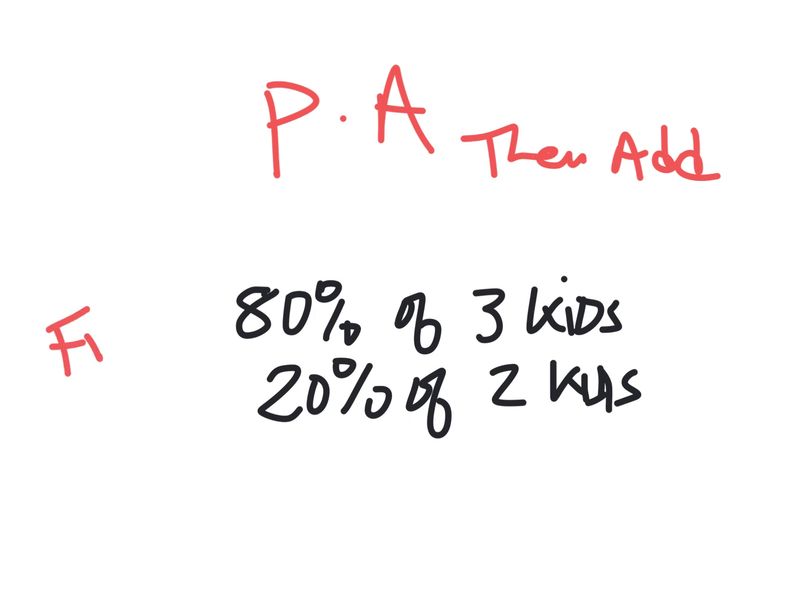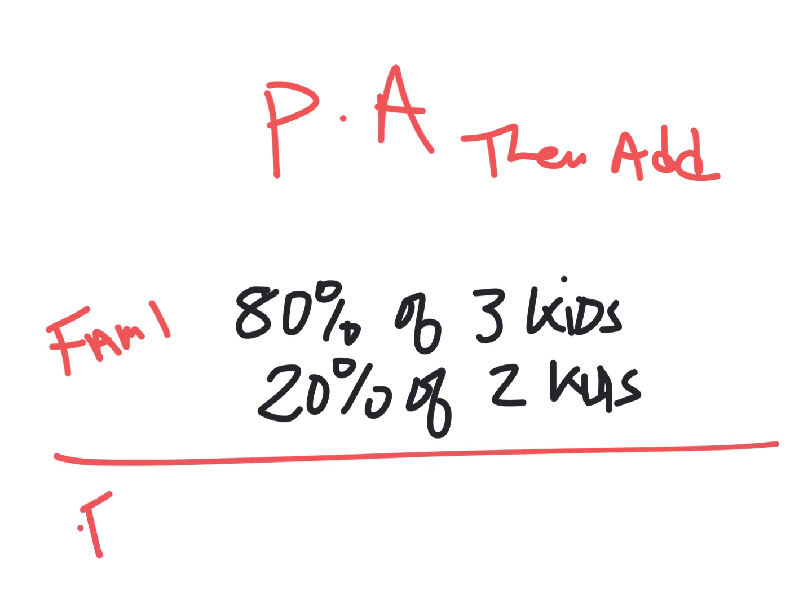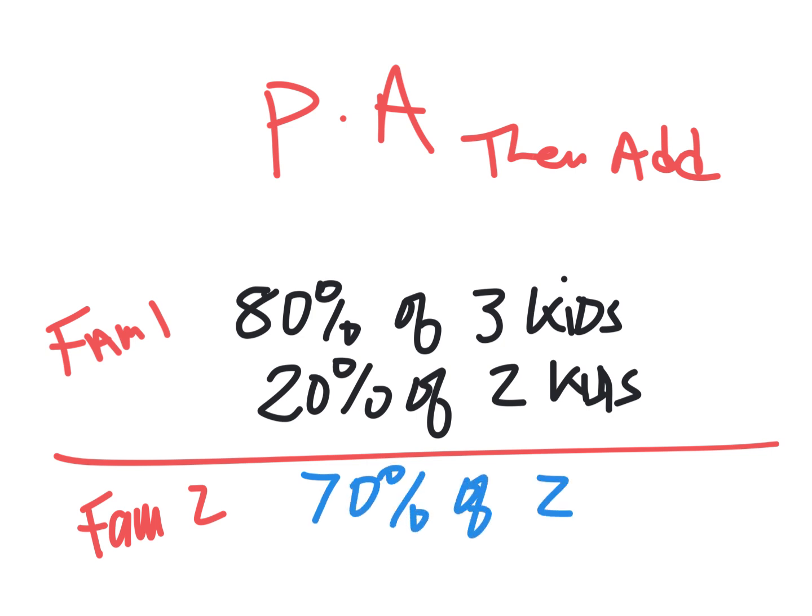And this is family 1. Family 2, they're more likely to stay with 2 kids. Let's say that there's a 70% chance you determine they're going to stay with 2 kids.